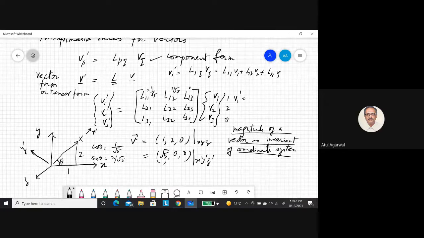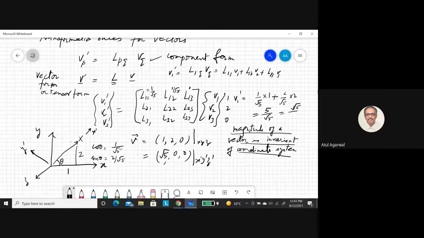So 1 by root 5 into 1, 2 by root 5 into 2, 0 into 0. So I get 4 by root 5 plus 1 by root 5, which is 5 by root 5. This is nothing but root 5.